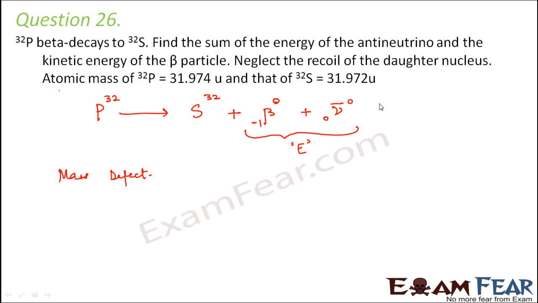There would be a difference, and that difference is called mass defect. So mass defect will be equal to mass of phosphorus 32 minus mass of sulfur 32.